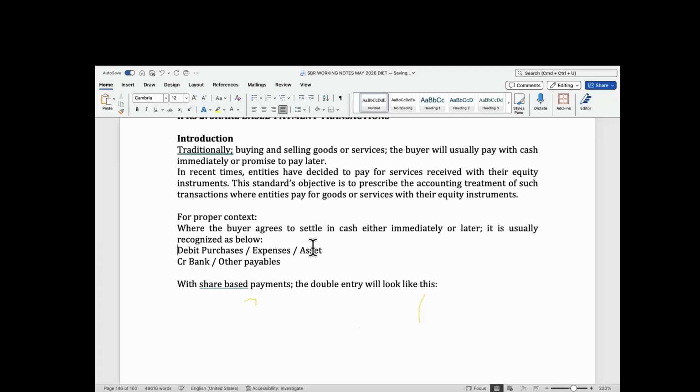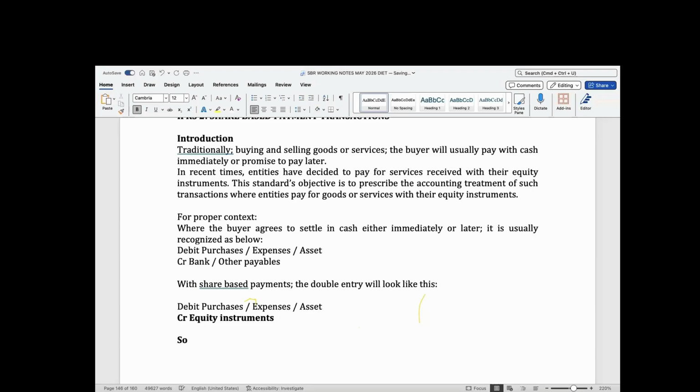The debit will not change because they are buying services. They are buying either an expense, whatever it is they are buying, the debit. So what changes is this credit. Do you know what they will credit? Their equity. That's what they will credit. Equity. And that is what is changing here.